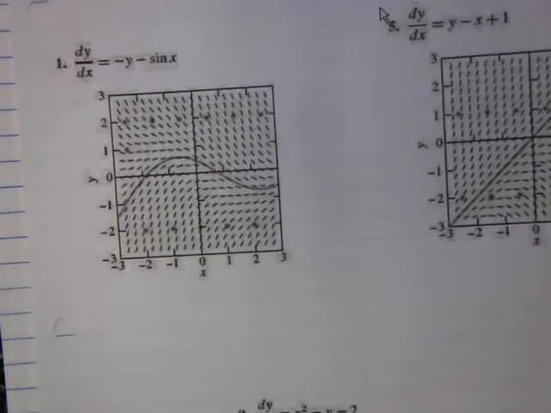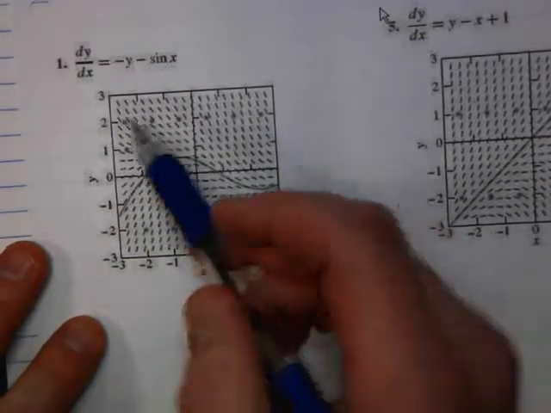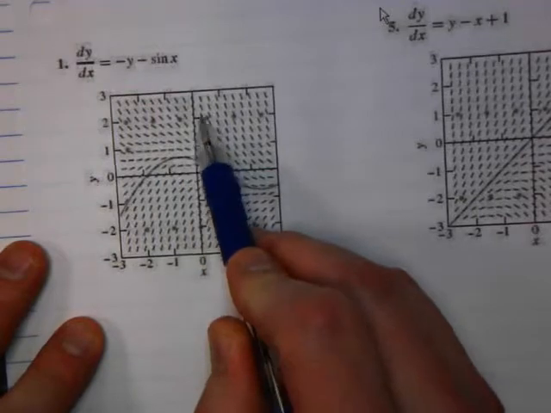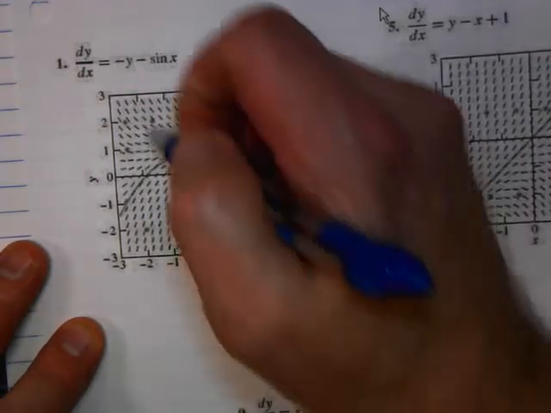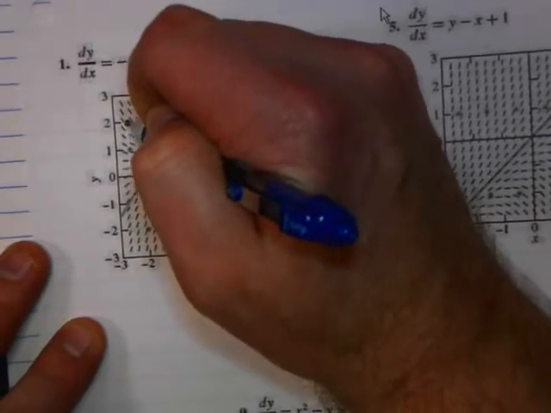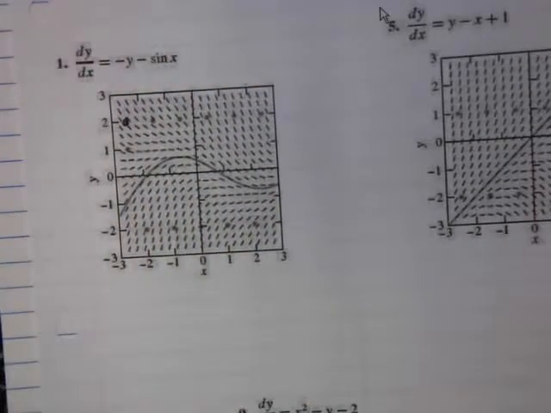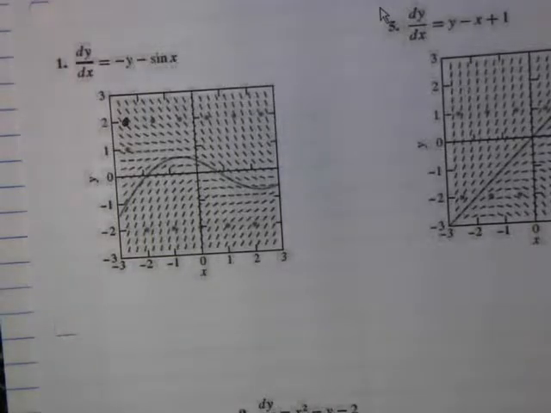Okay, so let's take a look at this first one. dy/dx equals -y minus sine x. And the idea here is I've given you several initial points. You can kind of see the dots along here. And what I want to do is pick a dot, like this one right here. If I were to pick that dot right there, what would the solution look like?